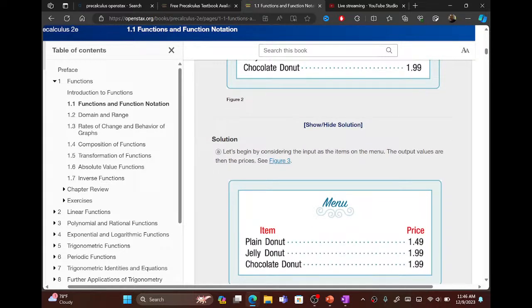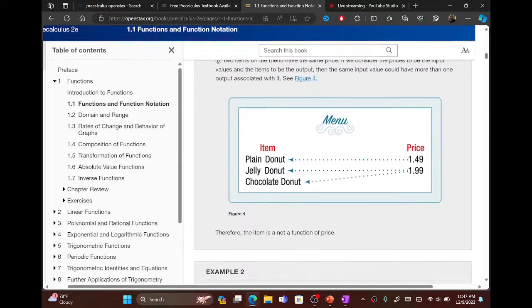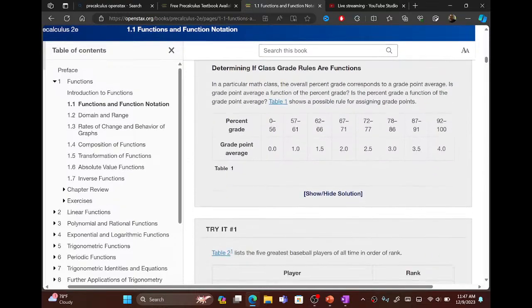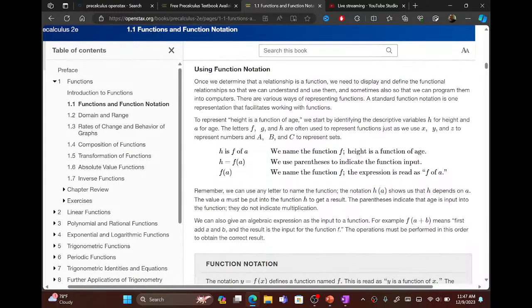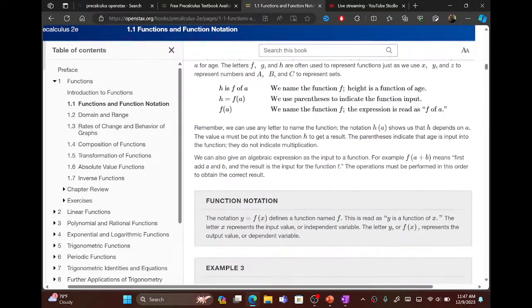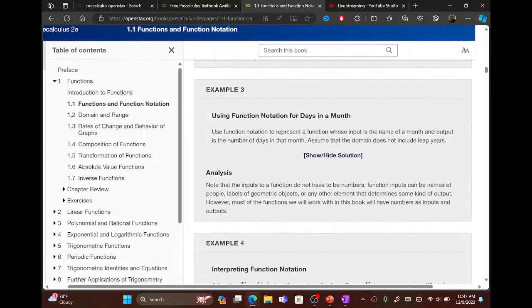I know that sounds confusing, but I really want to make sure we understand that. Let's move on to this idea of h of a, f of a, h is a function of a, f is a function of h, etc., right?